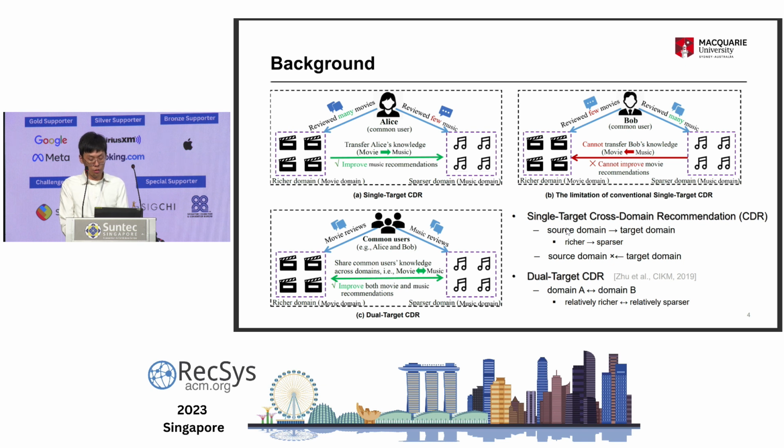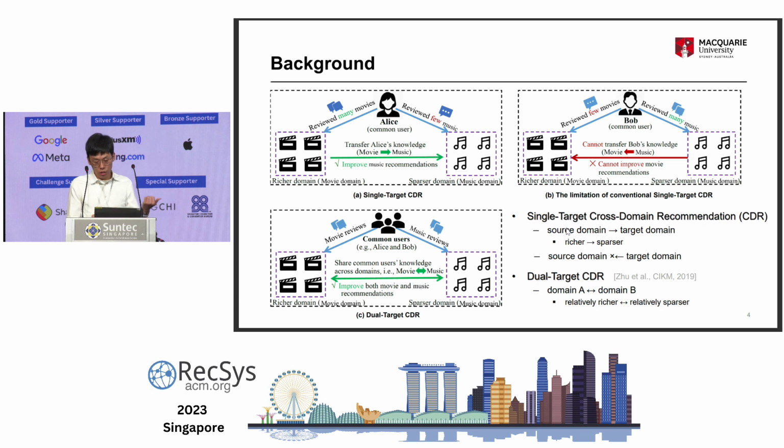Actually, the first work on dual-target CDR is also from our team. They found that even in the sparser domain, there can be some information, like tags, user profiles, or some item features, that is relatively richer.